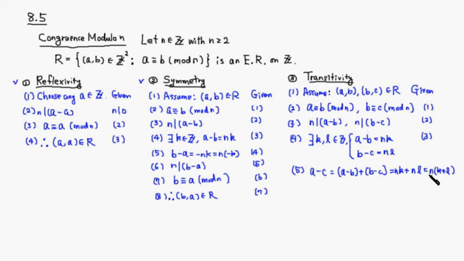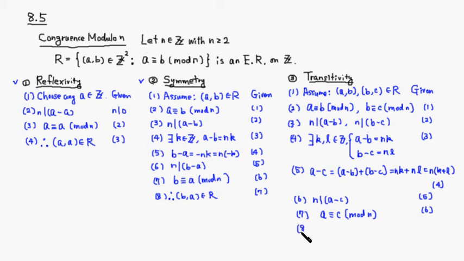So we can see that it's a multiple of n. That comes from line 4. Line 6: this means that n divides a minus c. That comes from line 5. And line 7: this means that a is congruent to c mod n. That comes from line 6.